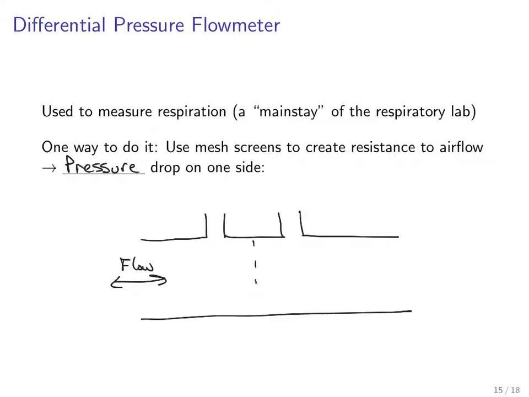You put this mesh screen here to create resistance to the flow, and that's going to give you a pressure difference that you can measure between the two ports on either side of the screen. So then P1 minus P2 is going to be proportional to the flow. And again, this is the mesh screen that provides the resistance.